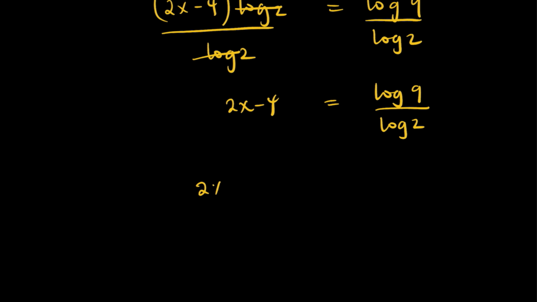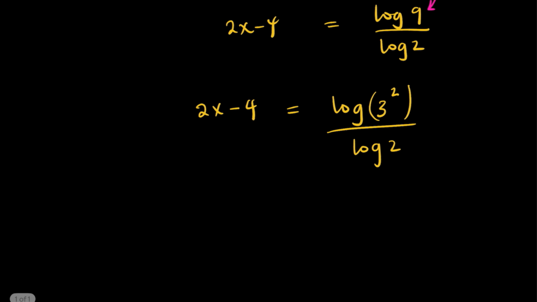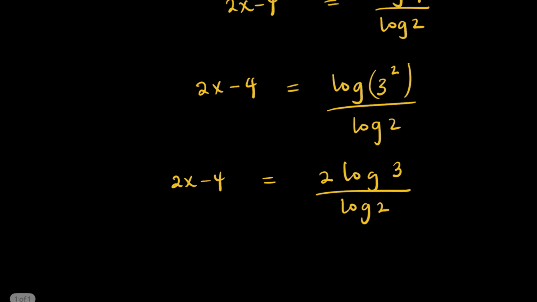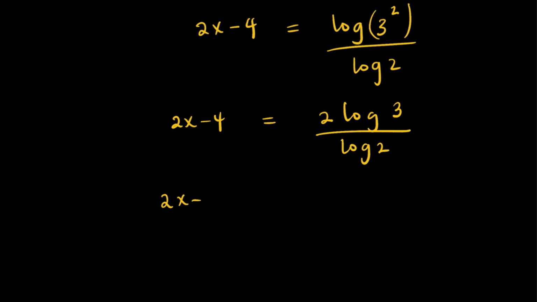So 2x minus 4 is equal to log 9, which here we can write as 3 raised to power 2, then divided by log 2. So we have 2x minus 4 is equal to 2 times log 3 divided by log 2, which we can also write as 2x minus 4 is equal to 2 into bracket log 3 divided by log 2.